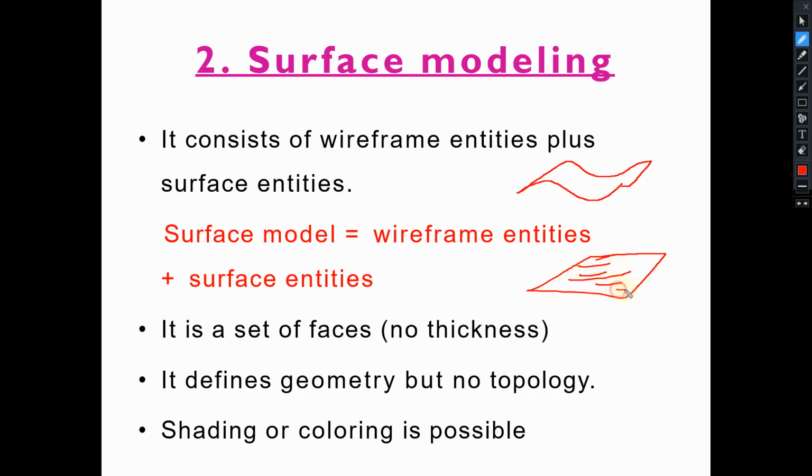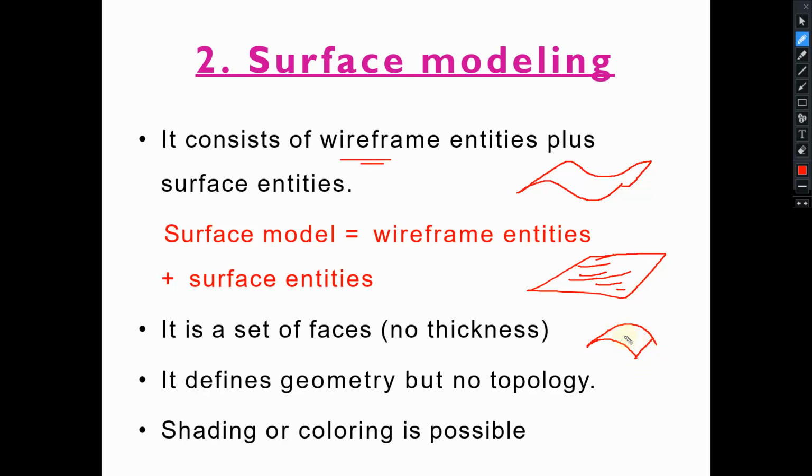A shaded surface area will be shown. So surfaces are always created from wireframe entities. That is why a surface model is a combination of a wireframe entity and a surface entity. So whatever shape you create, if it is an arc and you create a surface, it will just show a surface like this.